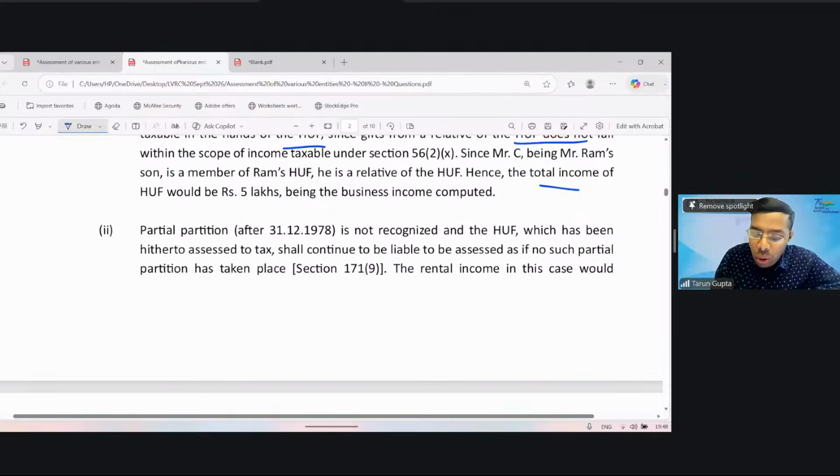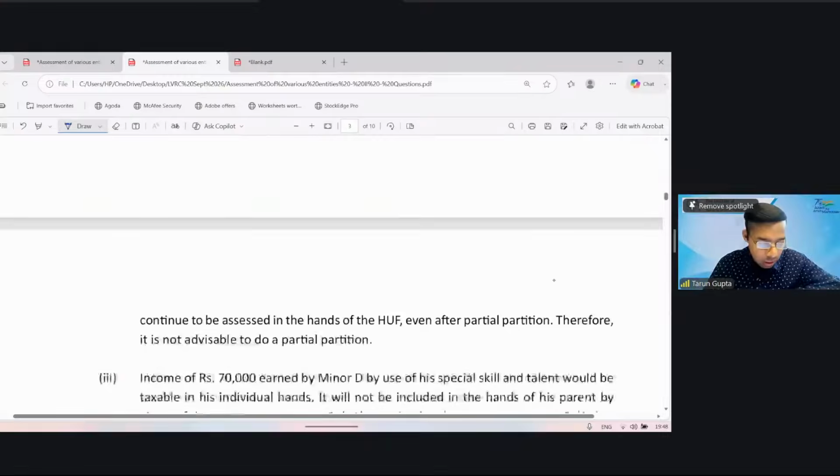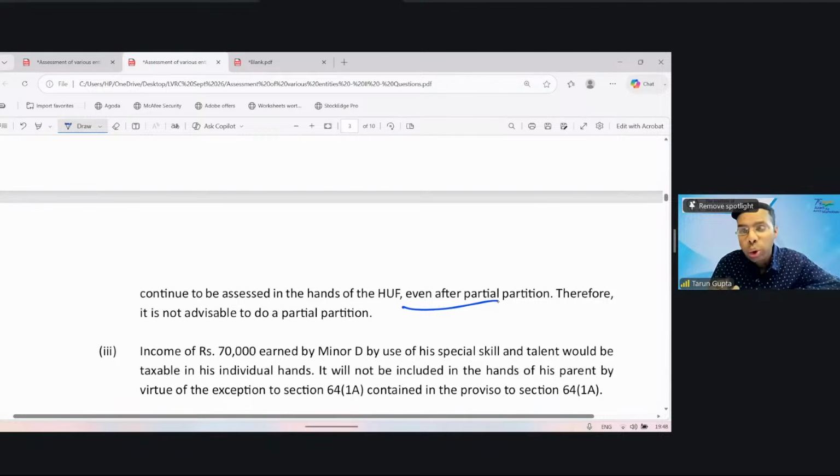Partial partition is not recognized, and the HUF, which has been hitherto assessed to tax, shall continue to be liable to be assessed as if no such partial partition has taken place. So the rental income in this case will continue to be assessed in the hands of the HUF even after partial partition. Therefore, it is not advisable to go for partial partition.